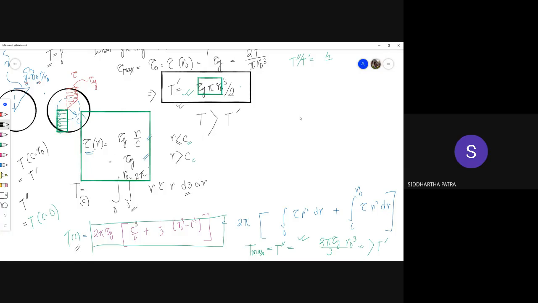So the elastic stress equivalent: if this torque could be applied within the elastic limit, it has to be tau C, put this expression, then by pi r0 cube.